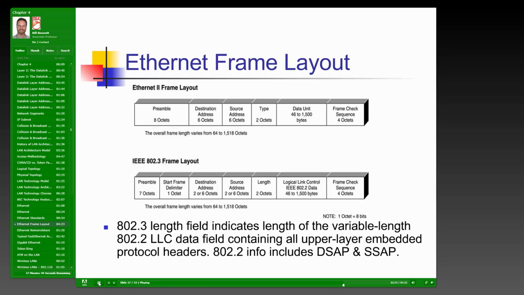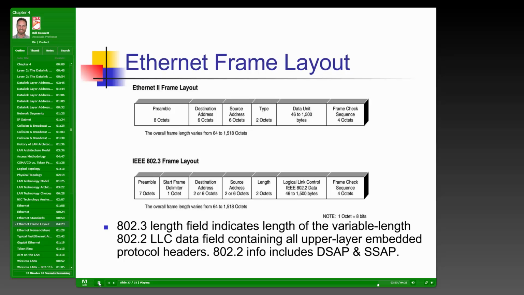Is it IP, IPX, AppleTalk, some network layer protocol. And then following the logical link control is the actual data itself. So those are all combined together in one field, and so the length field just has to identify how many bits are being used to define the logical link portion, so the network interface knows that the remainder is the data there. And then the trailer is the same. It's still a frame check sequence, and the field size is 4 octets.